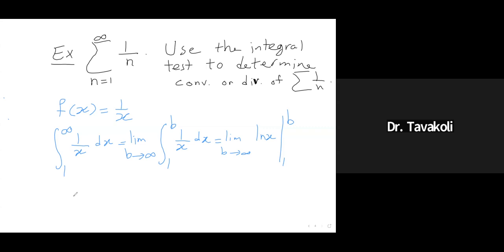So this equals the limit as b tends to infinity. Evaluation of ln of x at b is ln of b, at 1 is ln of 1. But we know that the logarithm of b as b tends to infinity is equal to infinity. So the limit of this is infinity. So the integral is infinity, which is divergent.